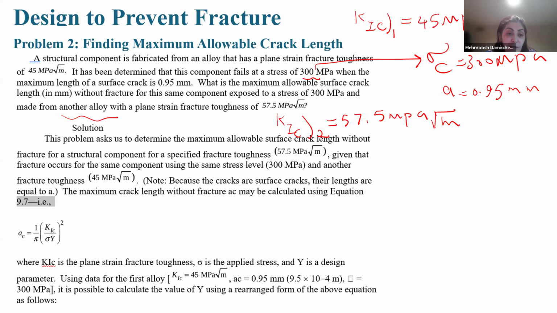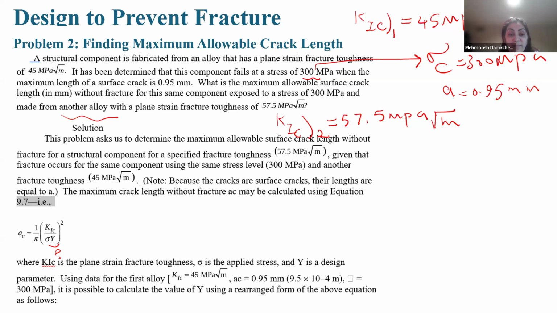We know that AC is 1 over pi, times K1C over sigma times Y, squared. We have AC, the crack length, sigma C, and the fracture toughness K1C. The only thing we are looking for is Y, but we don't know Y.